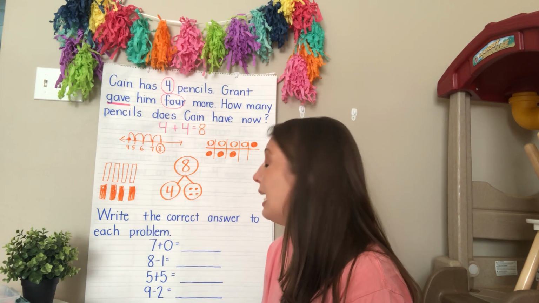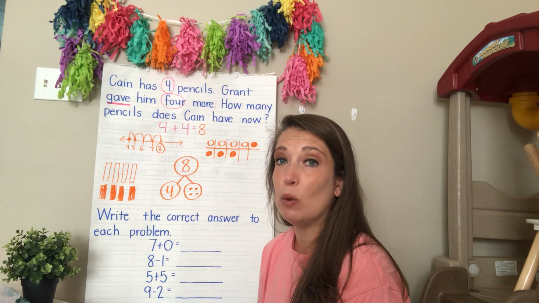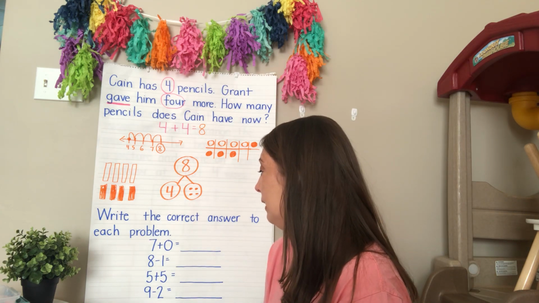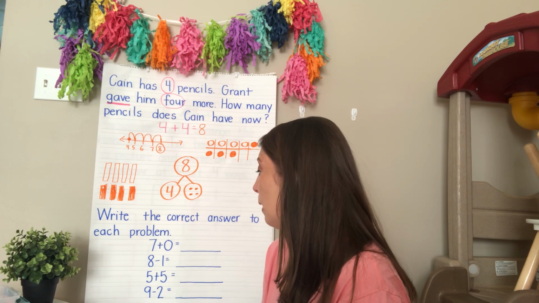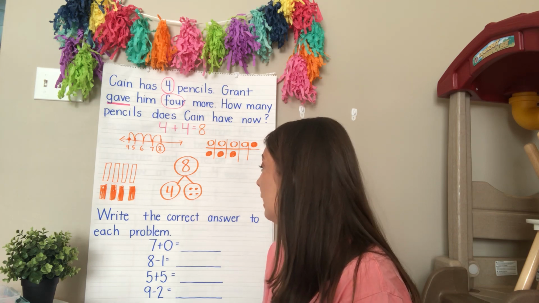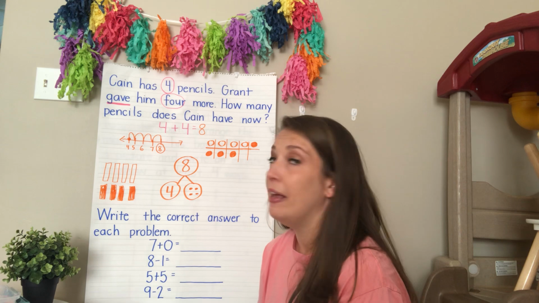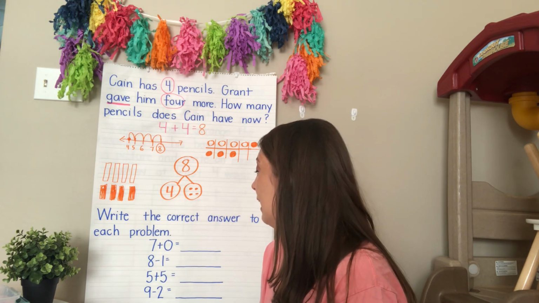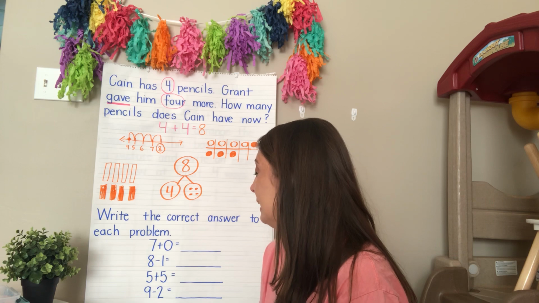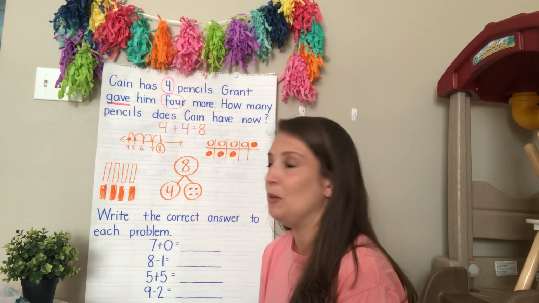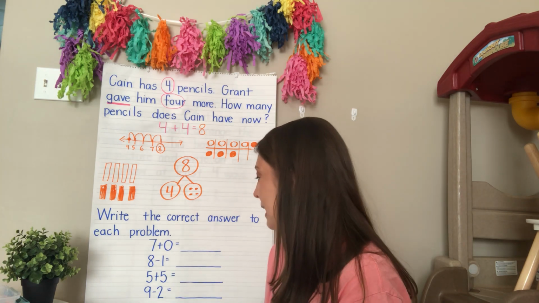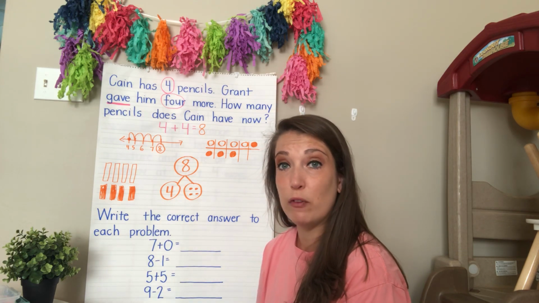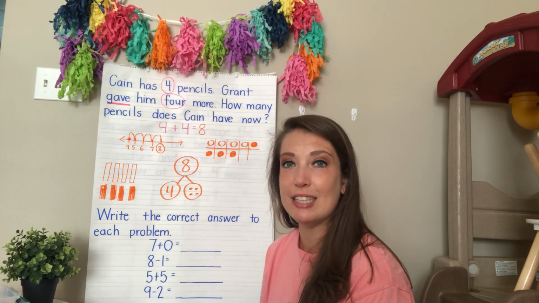Second problem, 8 minus 1. 8 minus 1. Third problem, 5 plus 5. 5 plus 5. And fourth equation, 9 minus 2. 9 minus 2. Go ahead and pause the video and solve these 4 equations, and when you have your answers, come back.